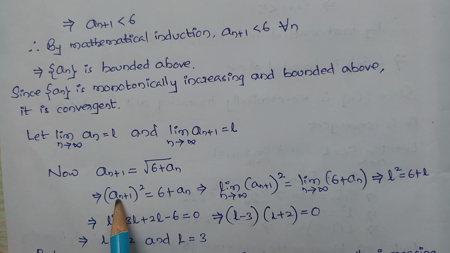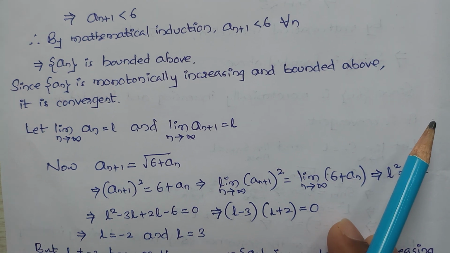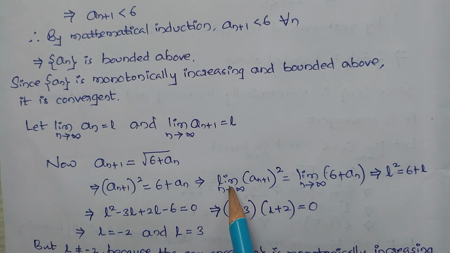Squaring both sides, a(n+1) square is equal to 6 plus an. Taking the limit on both sides, the limit of a(n+1) square is equal to the limit of 6 plus an. You know that this limit is L, so this becomes L square equal to 6 plus L.